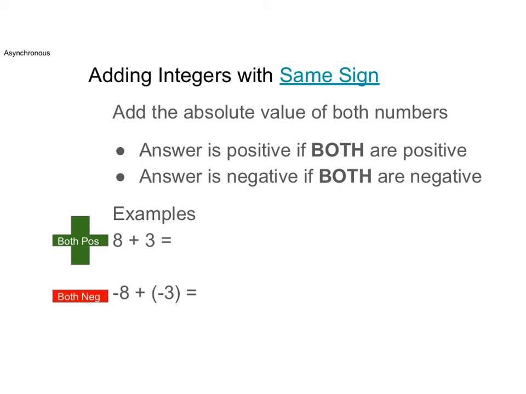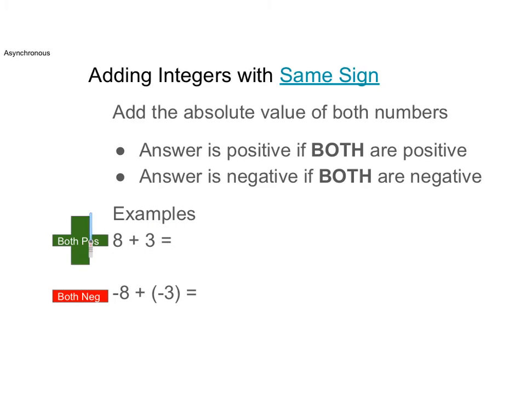So let's look at adding integers with the same sign. If you add integers with the same sign, you're going to add the absolute values of both numbers. The answer is positive if both are positive, and the answer is negative if both are negative.